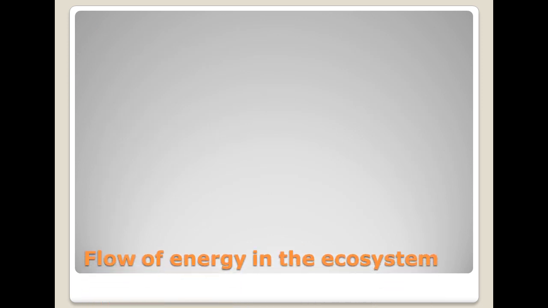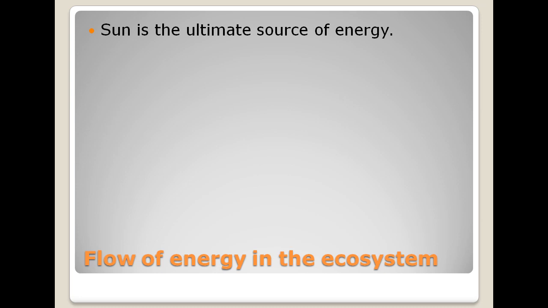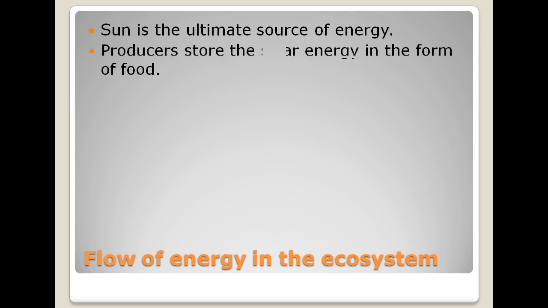Let us see how the flow of energy happens in the ecosystem. The sun is the ultimate source of energy. That means all the organisms present on the earth or in the ecosystem get their energy from the sun. Producers store this solar energy in the form of food.